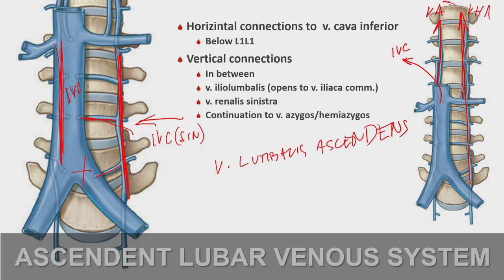Then it is connected with azygos, and then partially the blood flow from the lower part of the body is through the superior vena cava. And those connections are very important connections, which are called cavo-caval anastomosis.